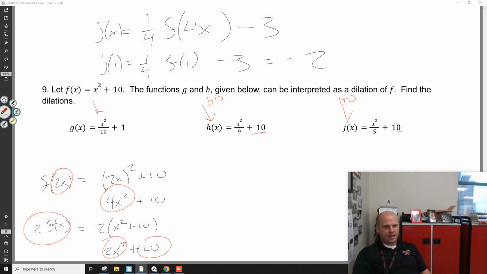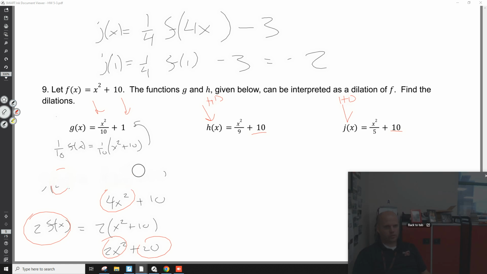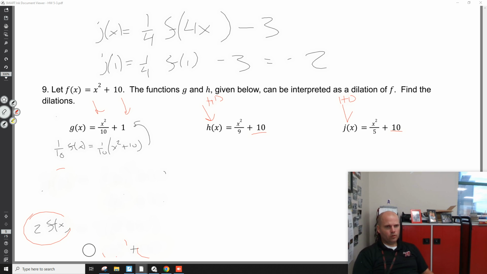And I can see that it changed both. So I'm immediately knowing that this one is like f of x times 1/10. Does that make sense? 1/10 times x squared plus 10 gives us x squared over 10 plus 1. So this is a vertical dilation of f by a tenth.